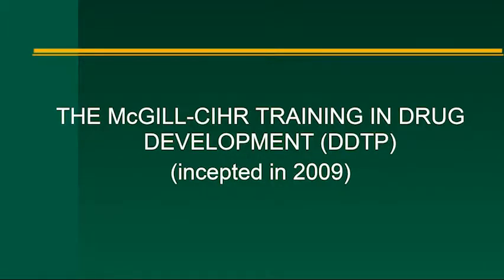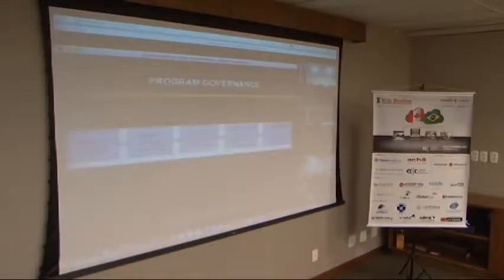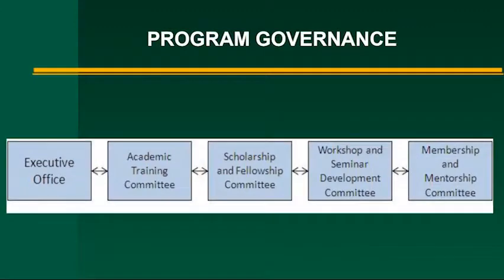The program seeks to train students on the principles and aspects of drug discovery and development. Next slide, please. The structure of this program is such that we have an executive office, an academic training committee, a scholarship committee, a workshop and development committee, and a membership committee. Next slide, please.